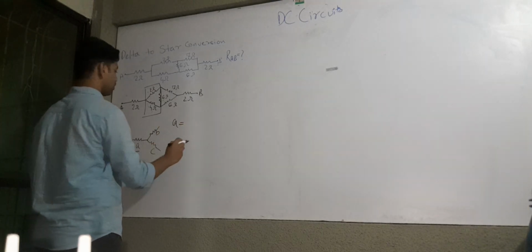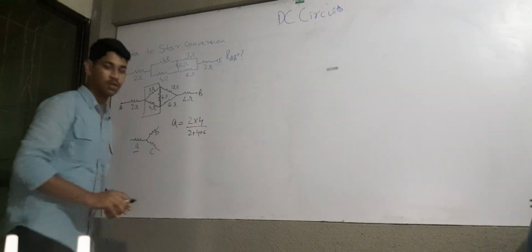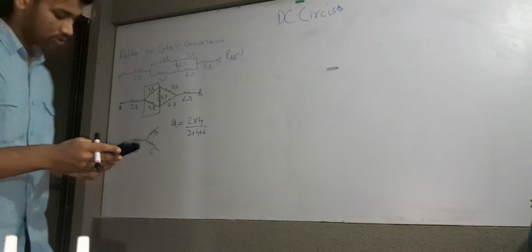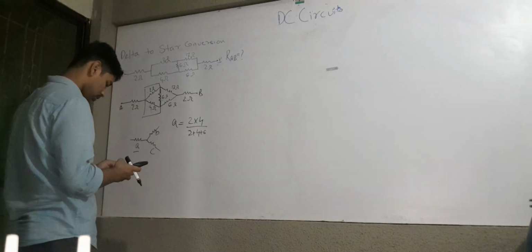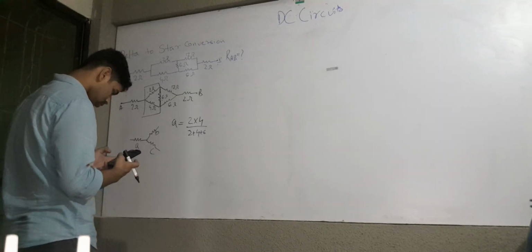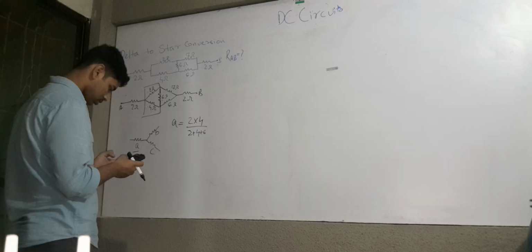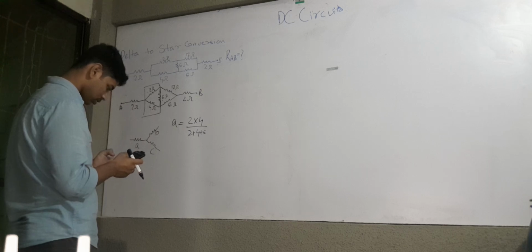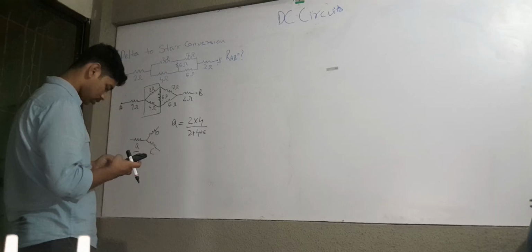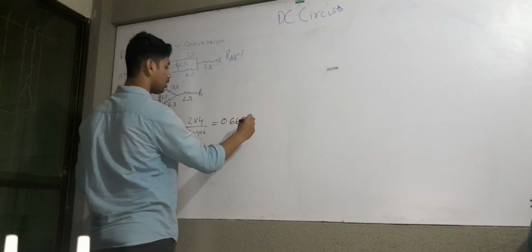So A is equal to 2 times 4 divided by 2 plus 4 plus 6, and that will give us 0.66667 ohms.